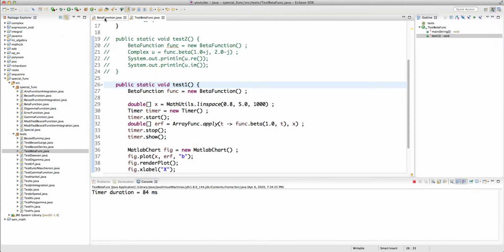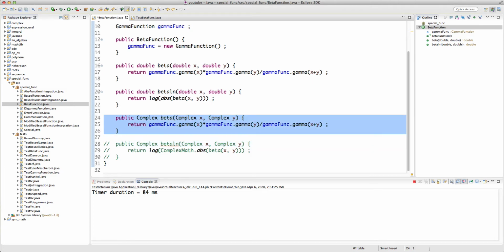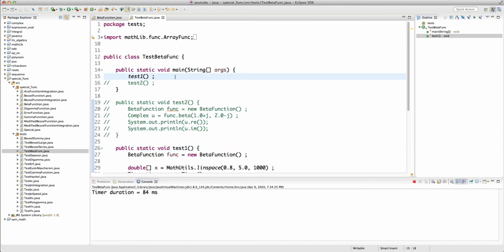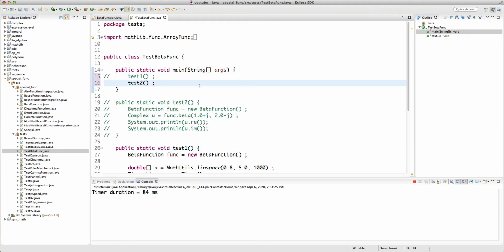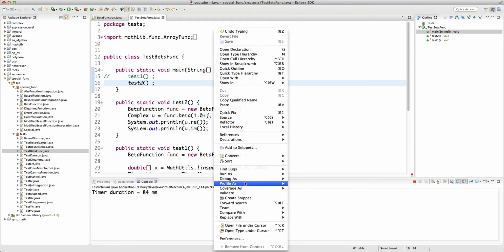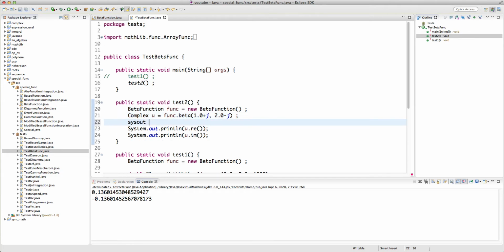Now for complex numbers, if we just want to evaluate beta at complex numbers, then I'm going to run test 2 here. Let's see. So beta at 1 plus j and 2 minus j is, let me also print u itself.